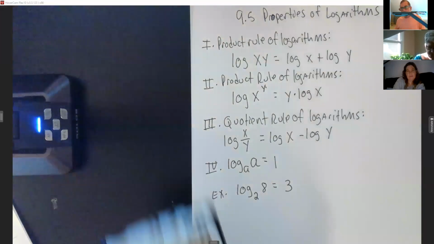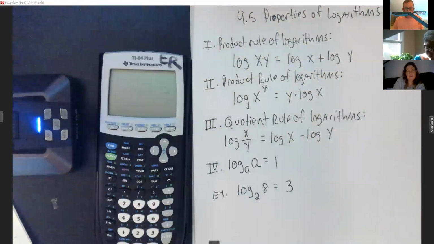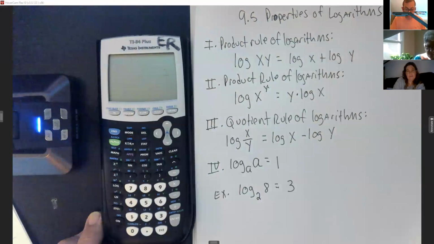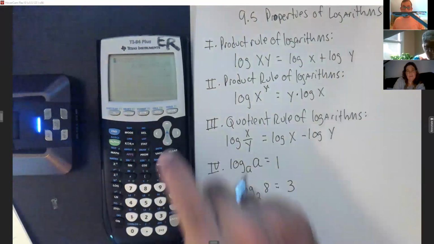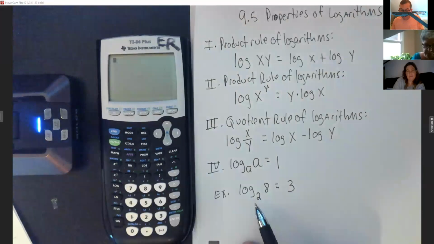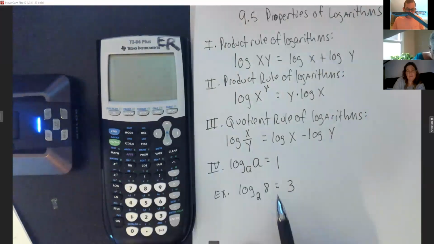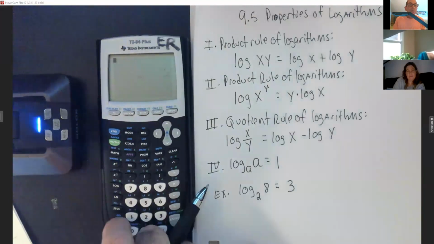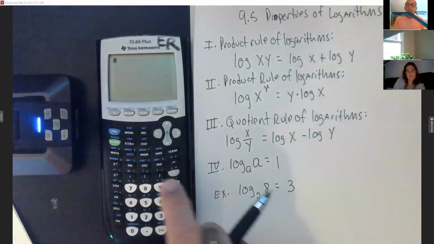Now I can't remember if the video I sent y'all yesterday had anything on there actually working these on the calculator. So I want to show y'all how I could find log base 2 of 8 on my calculator. So to do that, I would hit the math button.